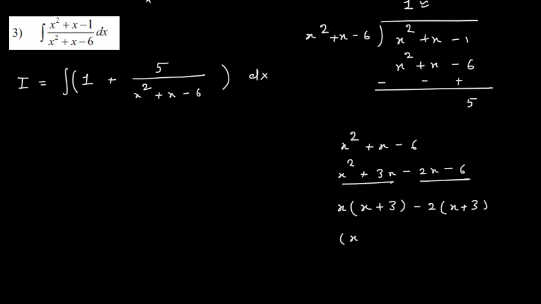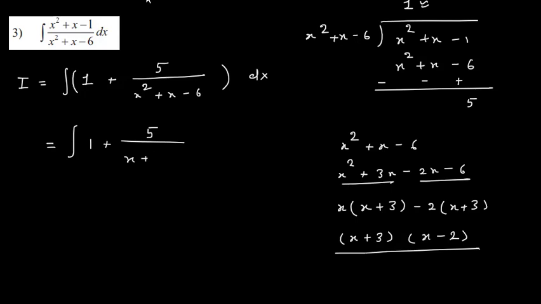So in one bracket you will get x plus 3 and in the next bracket you will get x minus 2. So this integration I can be written as the integration of 1 plus 5 divided by x plus 3 into x minus 2, into dx.